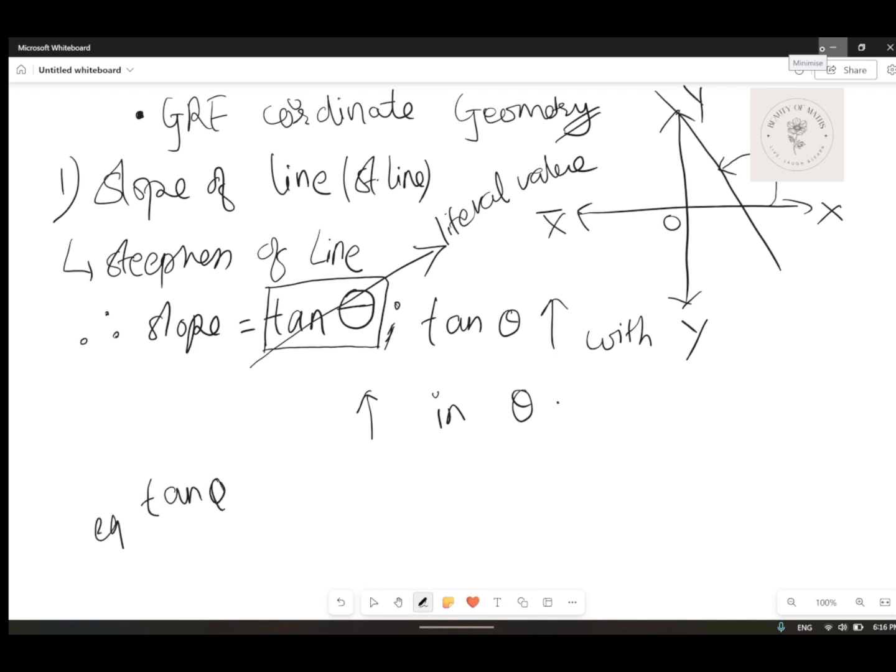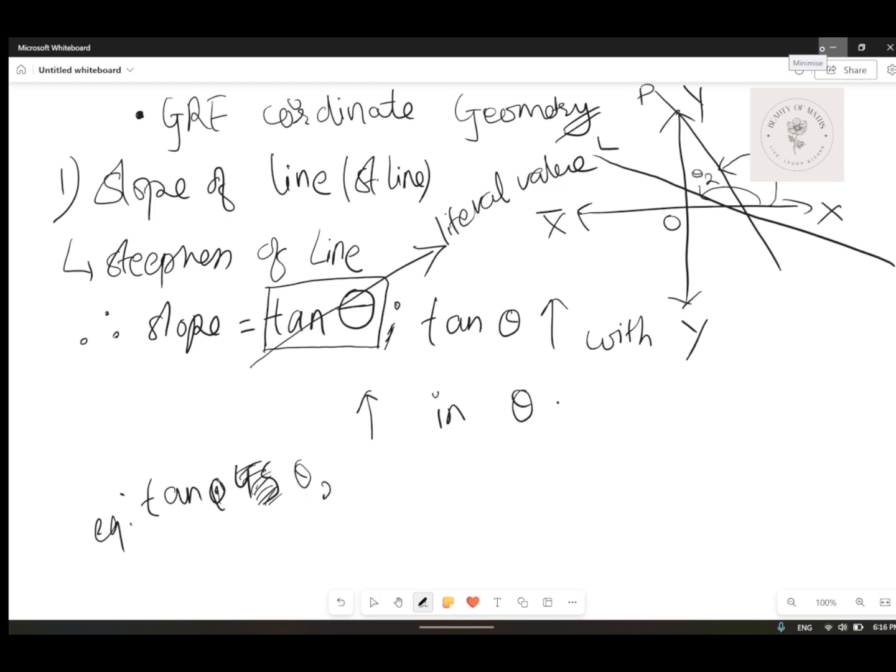For example, there are two lines, let's say this is M and this is L. Let's not say 45 because we don't know how much this is. We can just say this is theta 1 and this is theta 2, right?